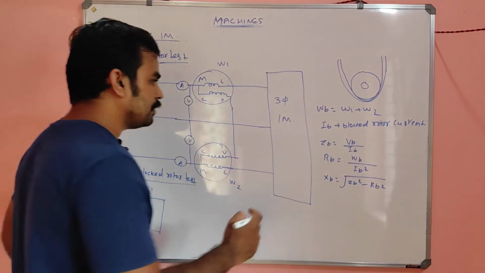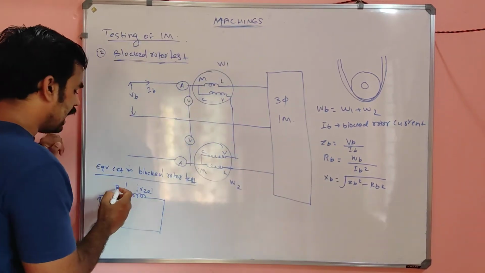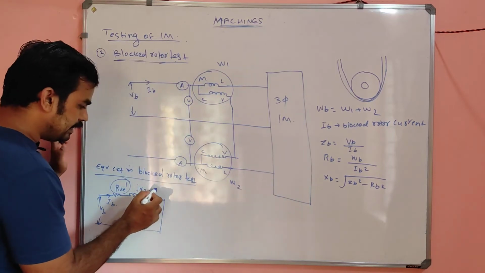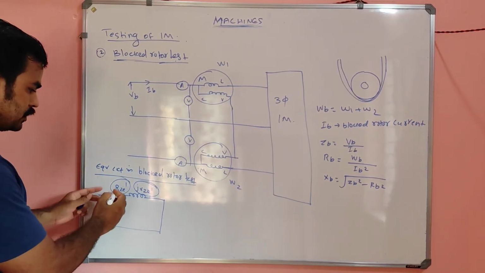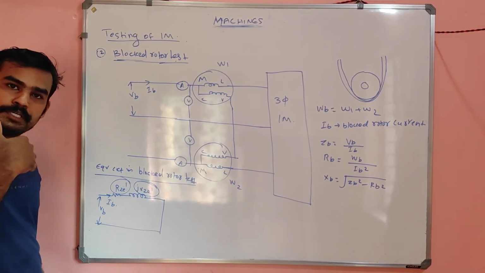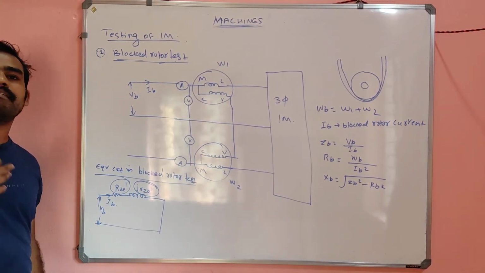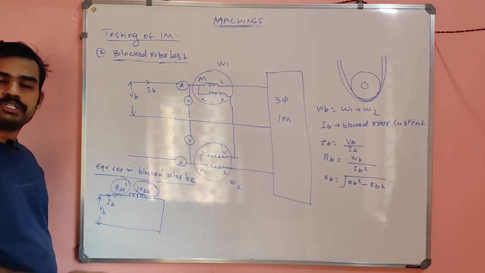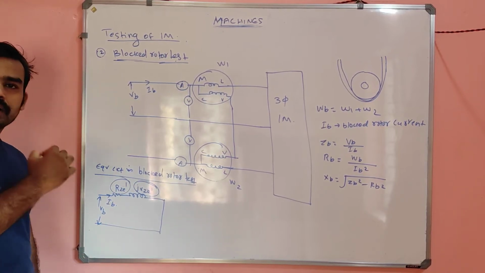This RB is nothing but the R2 equivalent, and this XB is nothing but X2 equivalent. The R2E and X2E are the equivalent resistance and equivalent reactance referred to the rotor side. That is the meaning of R2E and X2E.